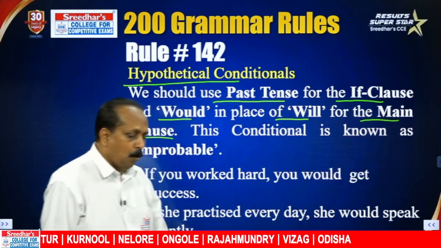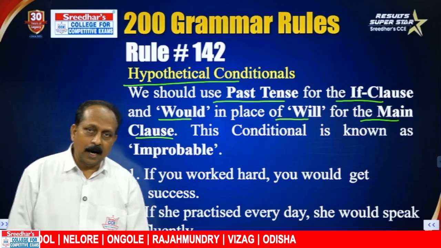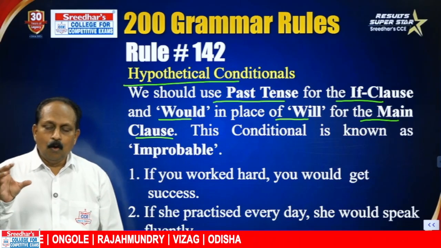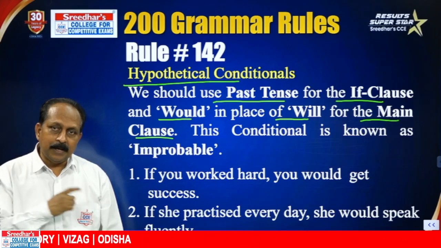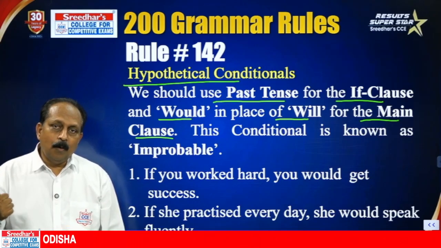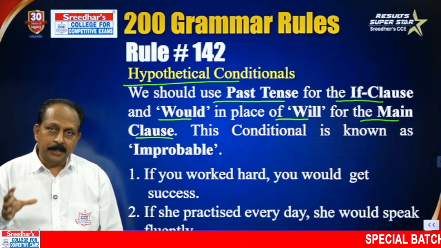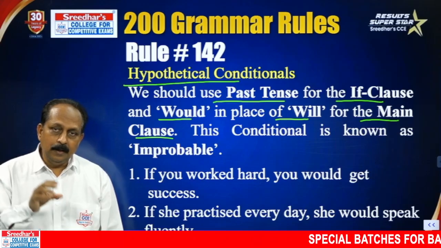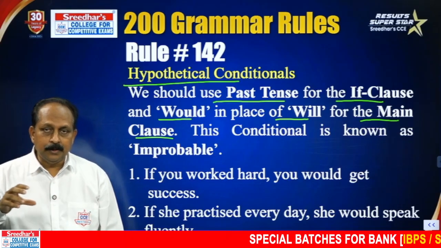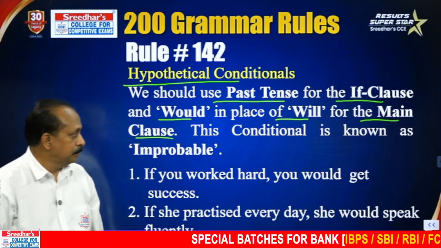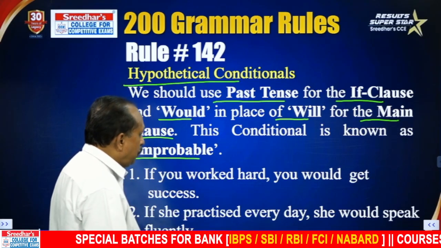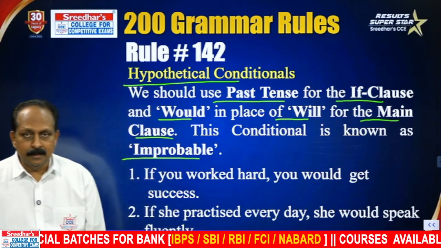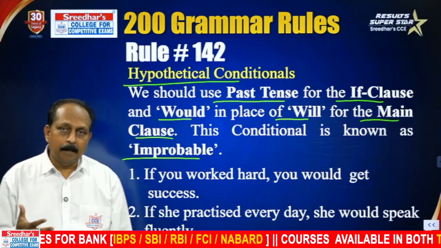If you compare open conditional and hypothetical conditional: in open conditional the if clause is present tense, in hypothetical the present changes to past. In open conditional the main clause is future tense, and in hypothetical the future will or shall changes to would. These are the changes. What is the use? This conditional is known as improbable. Improbable means chances are not there for something to happen.